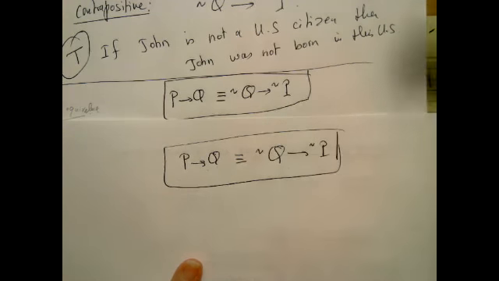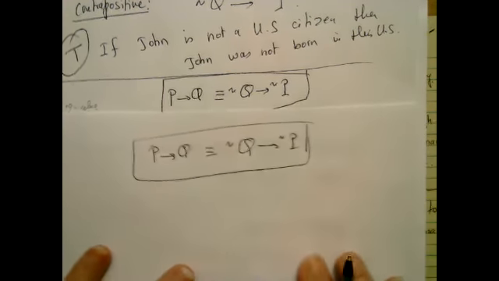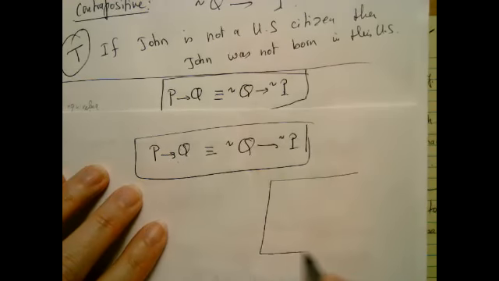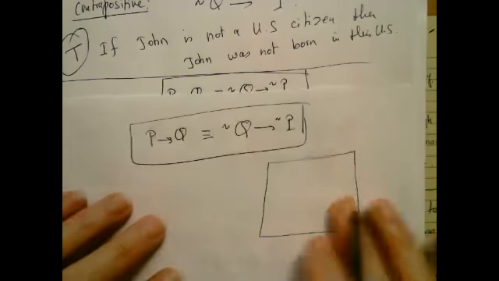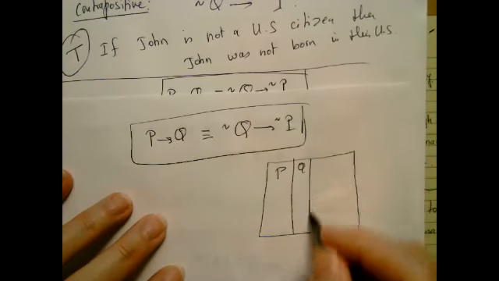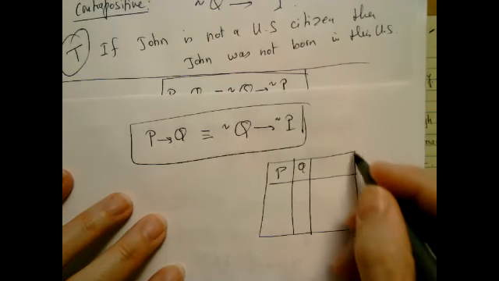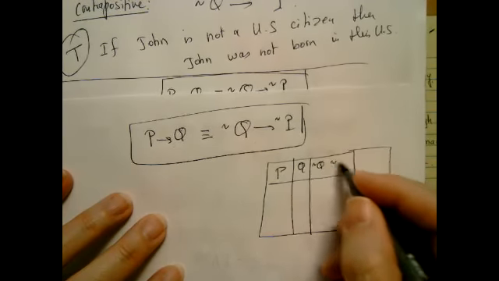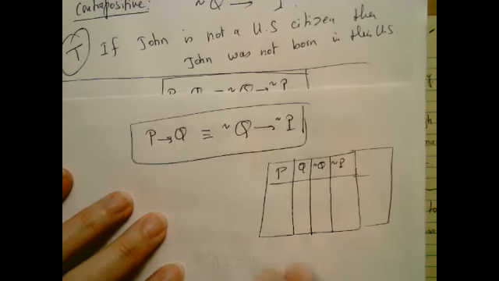Okay, so we can have a truth table for that, and actually we can even think about it also. And the example kind of suggests that's what's going to happen. So the truth table is simple. That's P and Q. And I'm going to put non-Q and non-P, so to totally fill it out.